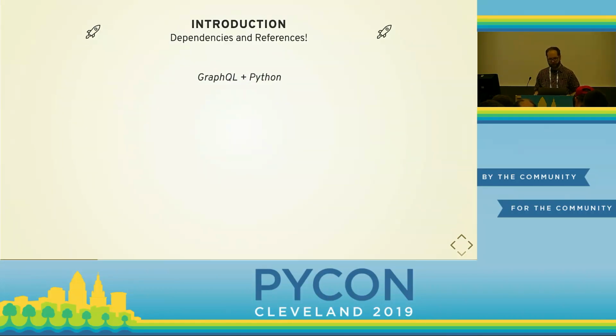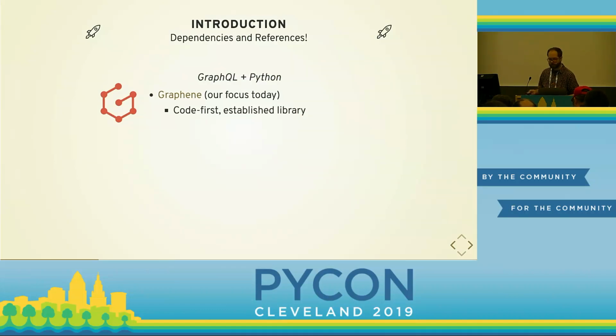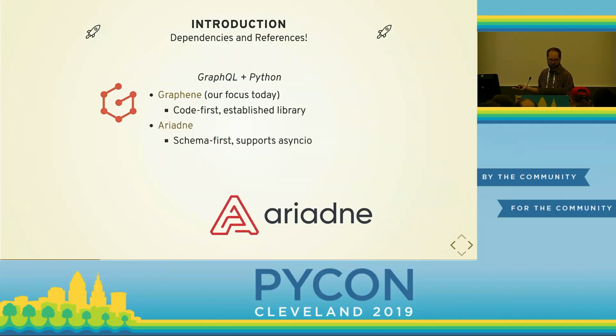So finally, getting to GraphQL and Python. Graphene is our focus today. That's a code-first library, meaning that we will write Python code instead of defining the schema through the GraphQL schema definition language, which a library like Ariadne, another newer GraphQL library in Python, uses.